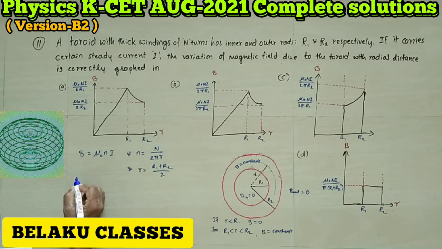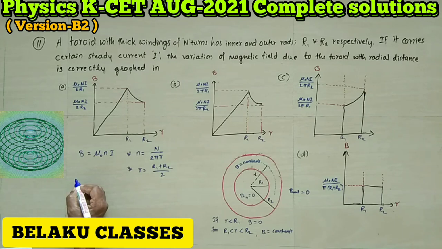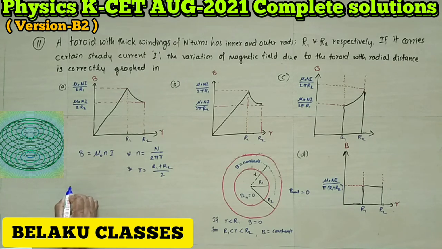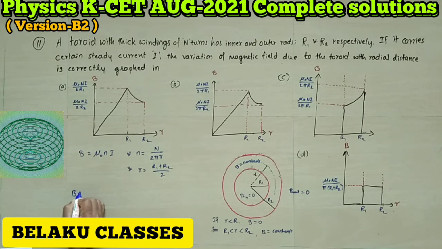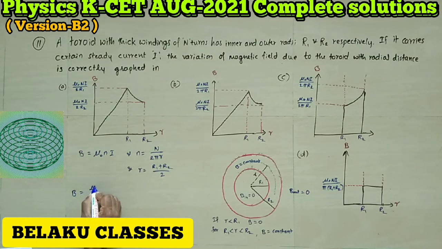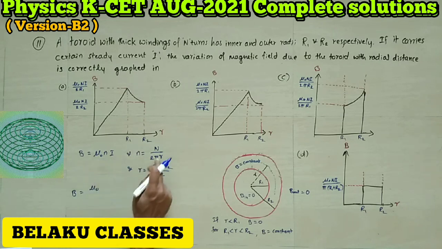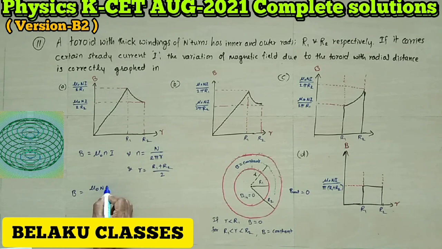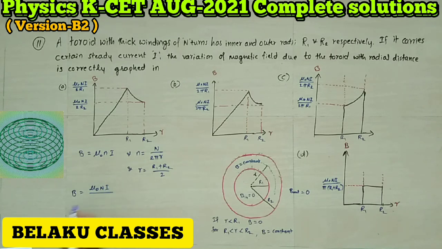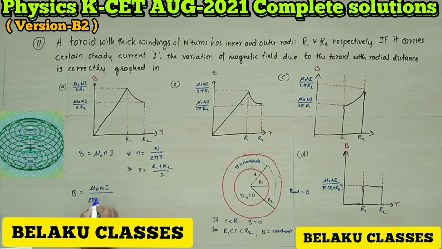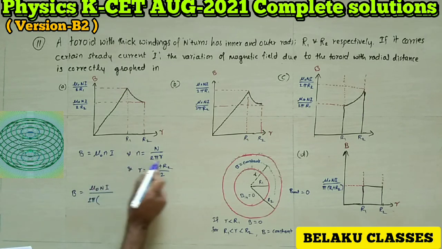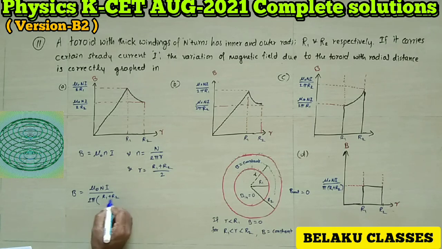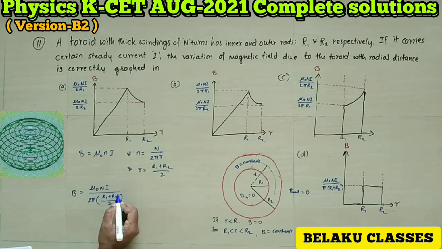Therefore B is equal to mu naught N I by 2 pi into R1 plus R2 by 2.